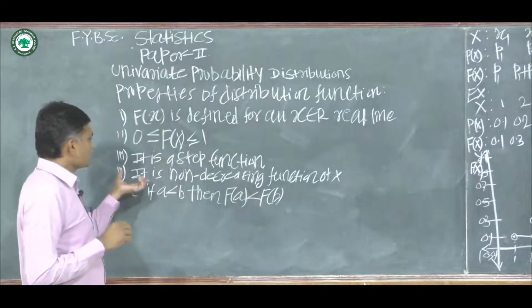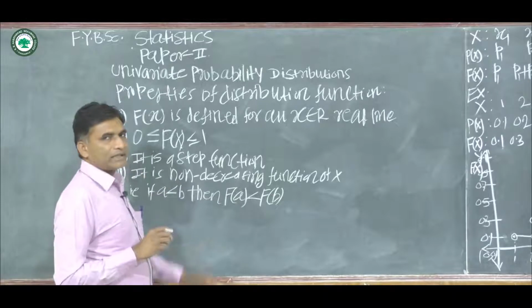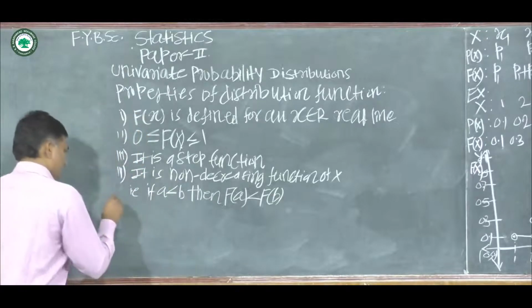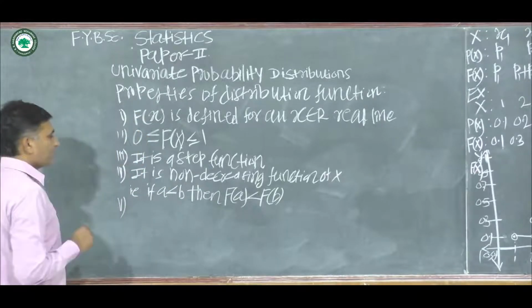Therefore, the function is called a non-decreasing function. Property number 5.